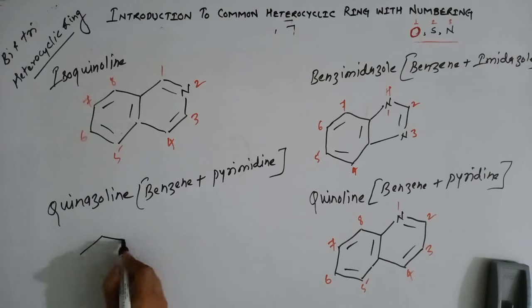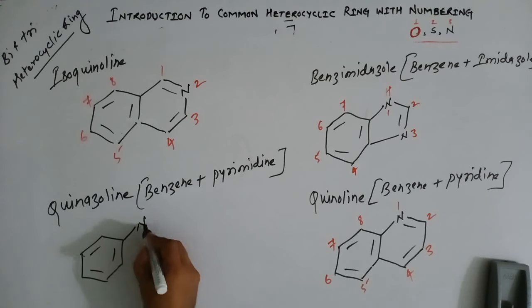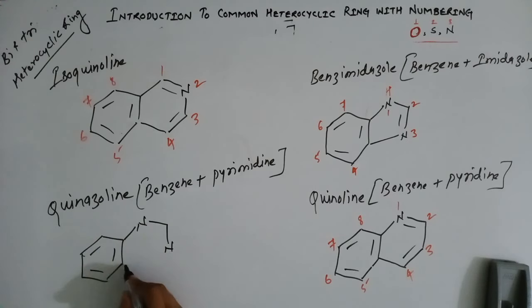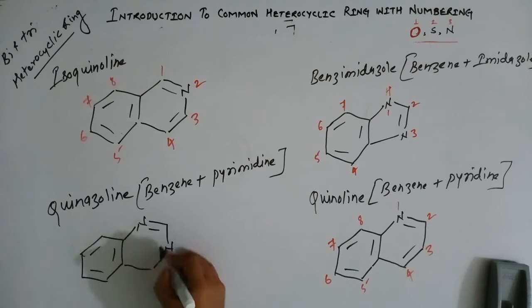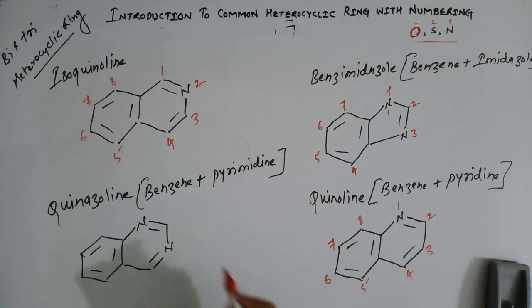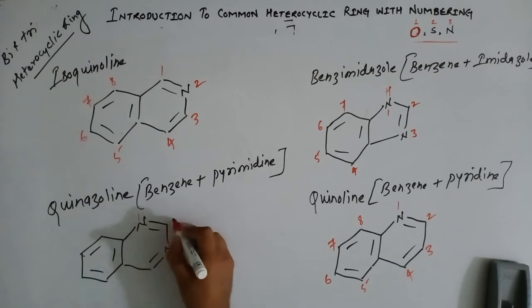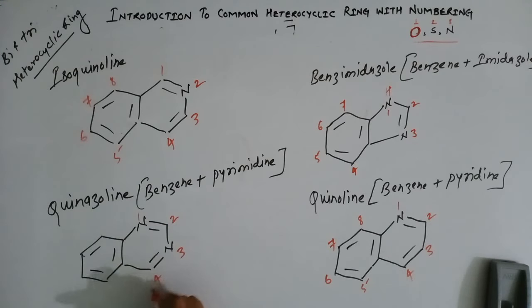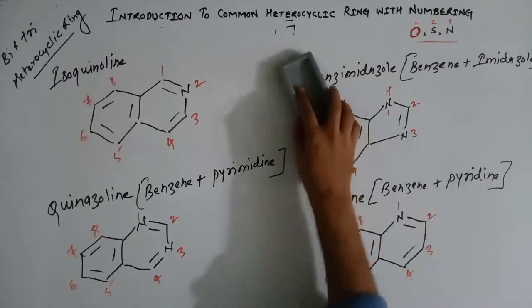So here is the structure of benzene and this is the structure of pyrimidine. The numbering of this quinazoline begins from this nitrogen: 1, 2, 3, 4, 5, 6, 7 and 8. This is quinazoline.